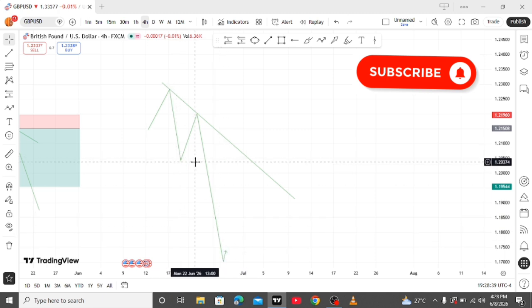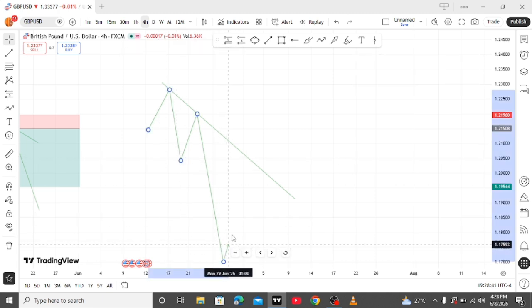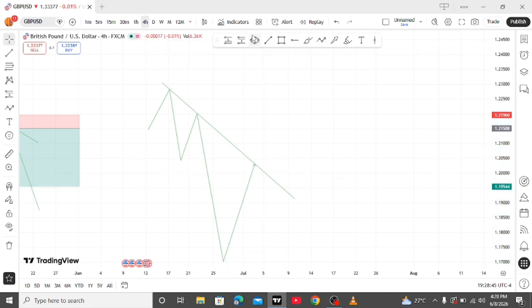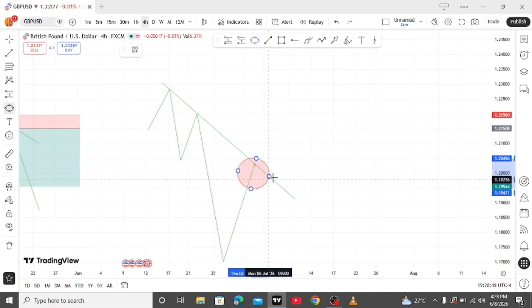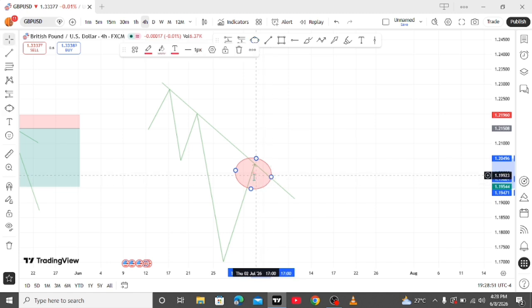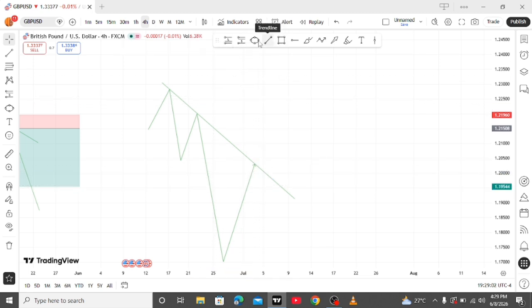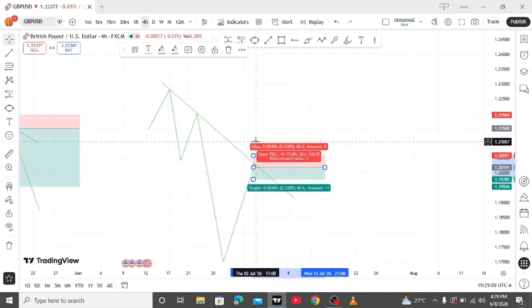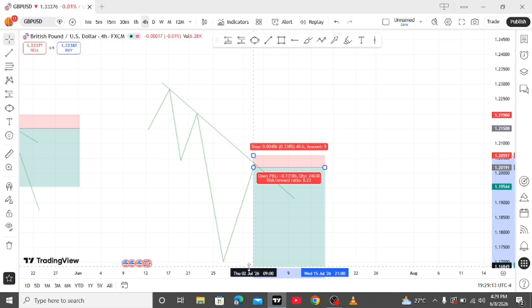So we'll wait for the market to come back to our trend line, and at this point we go over to the smaller time frame to wait for a market shift. And when we see a market shift in the smaller time frame, this is where we enter a short position. So short position, stop loss above any highs, and then take profit to the downside.